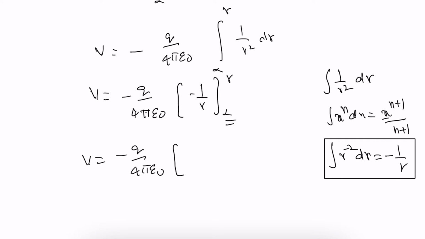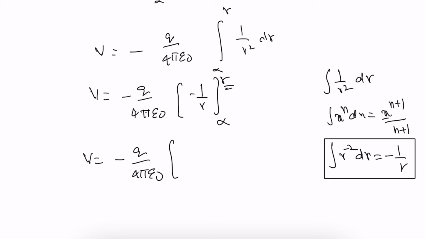Here this is the initial limit and this is the final limit. In a change, we always take final minus initial. So first we substitute r in this place and infinity in that place. Integration of 1 by r square is minus 1 by r, with initial infinity and final r.